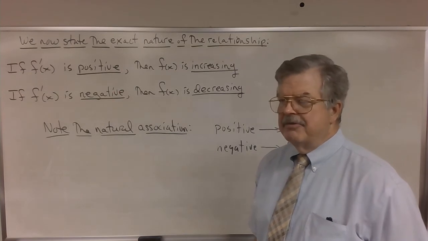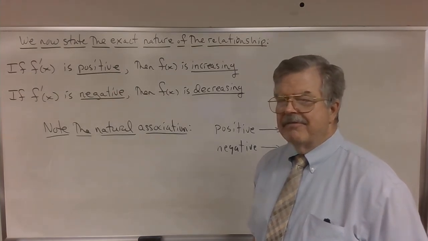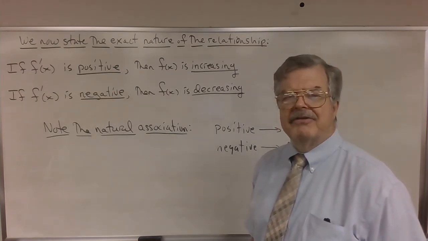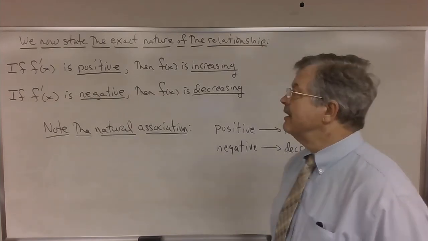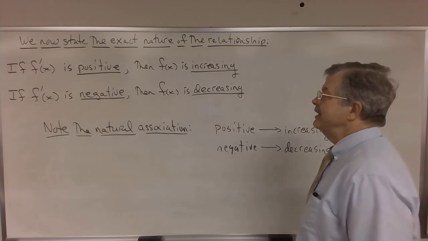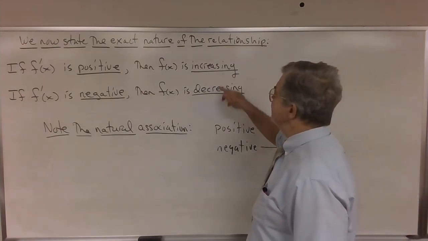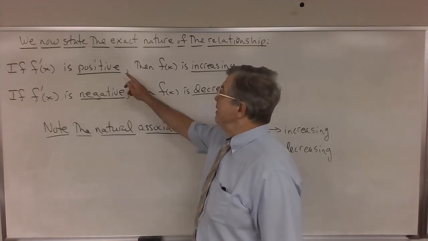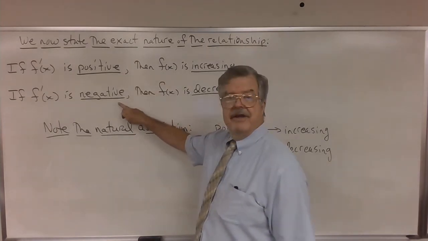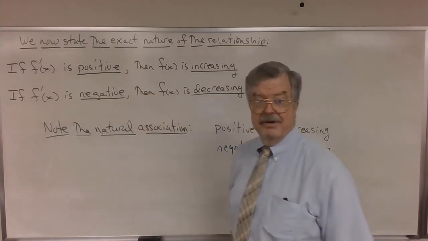What happens if the function f of x changes from increasing to decreasing? Well, let's see. If the function changes from increasing to decreasing, then the derivative would have to change from positive to negative, wouldn't it?